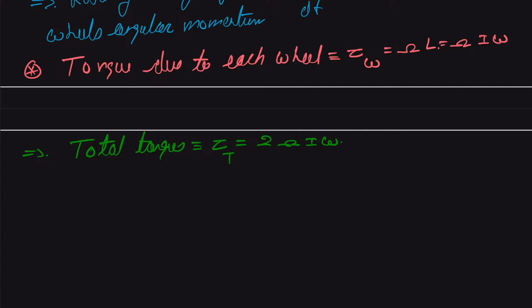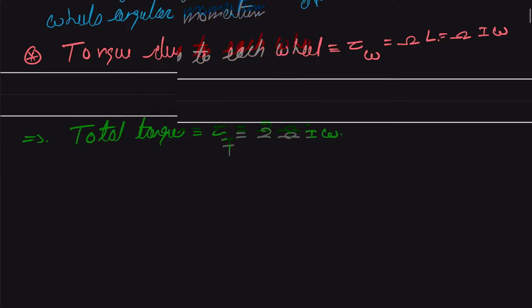And we have two contact forces. One is our normal on the left side and the other one is the normal on the right side. So therefore, the torque will also be generated because of these two normals.